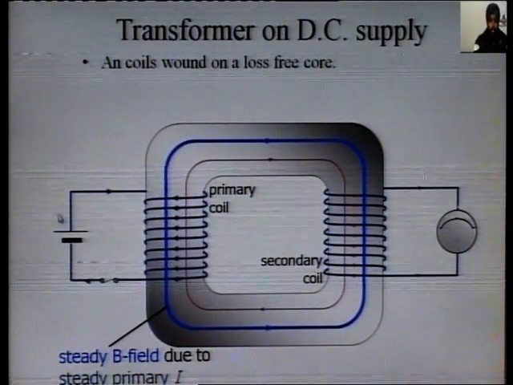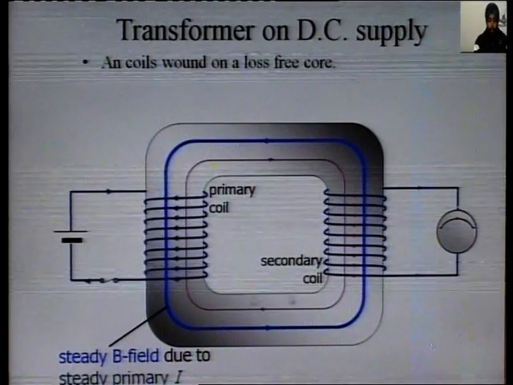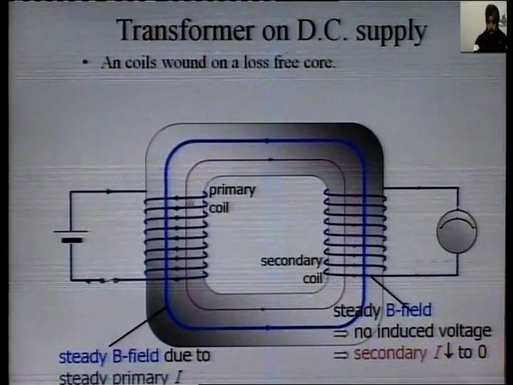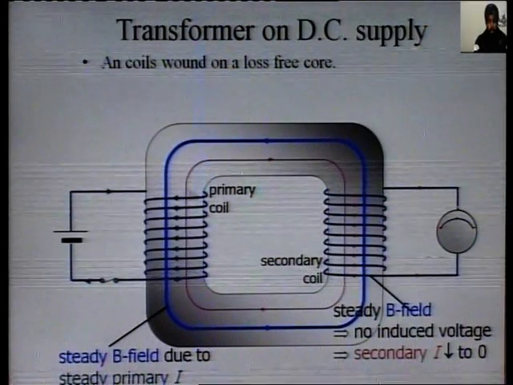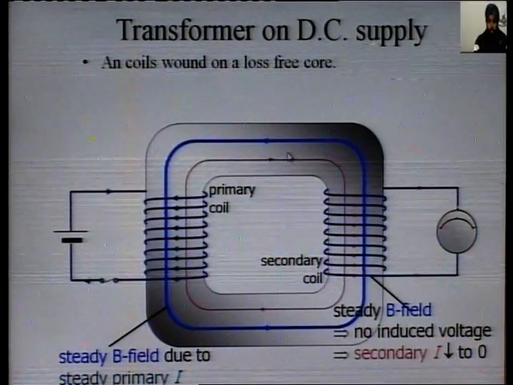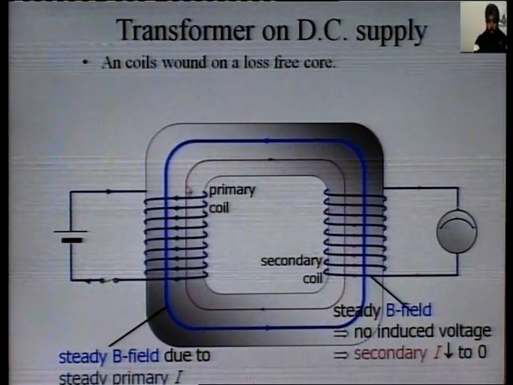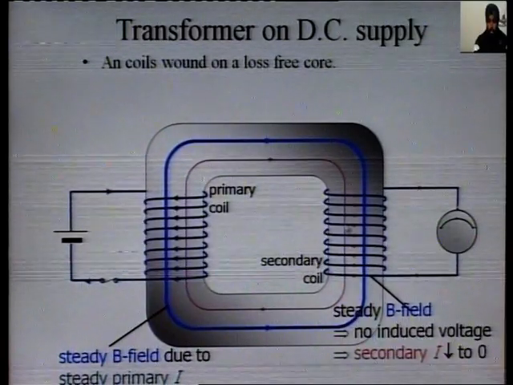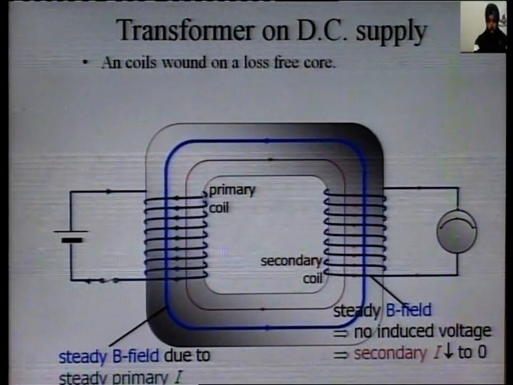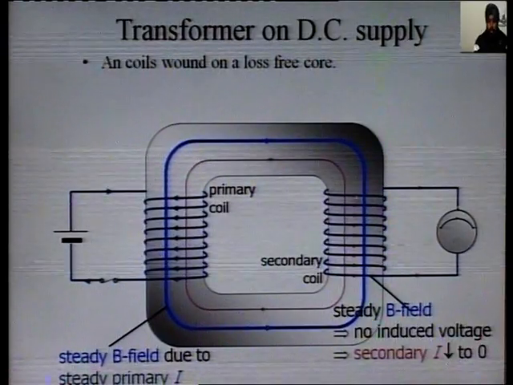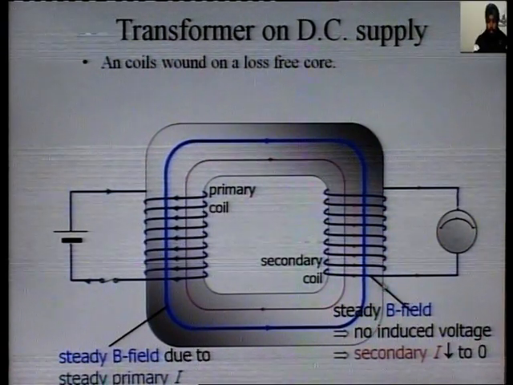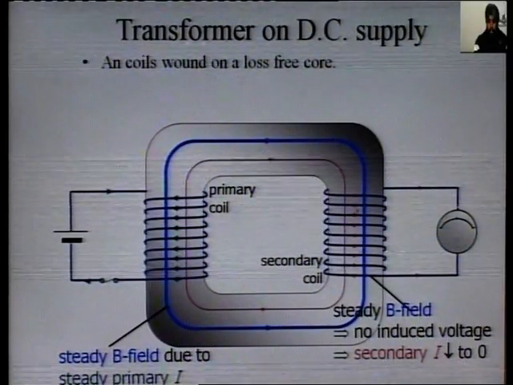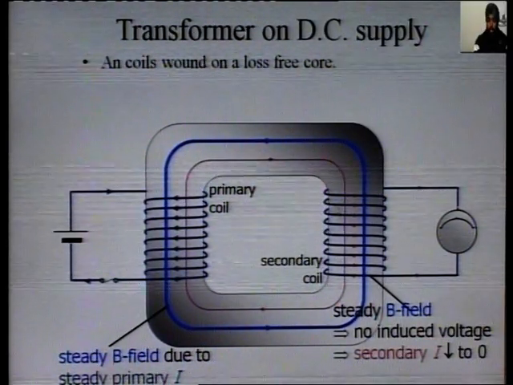If you use DC instead of AC, then what will happen? When DC current flows through the coil, again flux is produced, but the magnetic field that is produced and links with the core will not be alternating, it will be a steady magnetic field. If a steady magnetic field links with the secondary winding, then no voltage is induced in the secondary coil, because it requires two conditions.